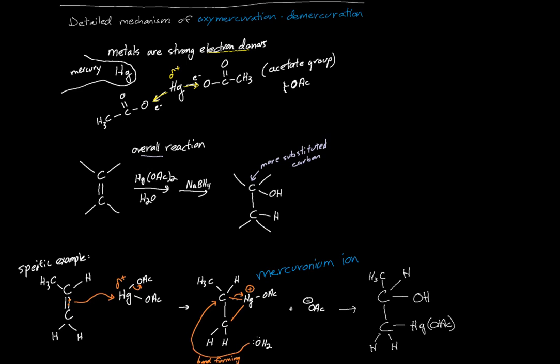So this species that's formed is mercury with two acetate groups, some abbreviated like that, AC group. This is your AC group. This is the reagent that will be used in this reaction, along with another one in a second step, which is the demercuration step, a reductive step. So there's an oxidative step with mercury, and then a reductive step. And here again is the net reaction. Assuming this is the more substituted carbon to begin with, the OH will add to that carbon exclusively.